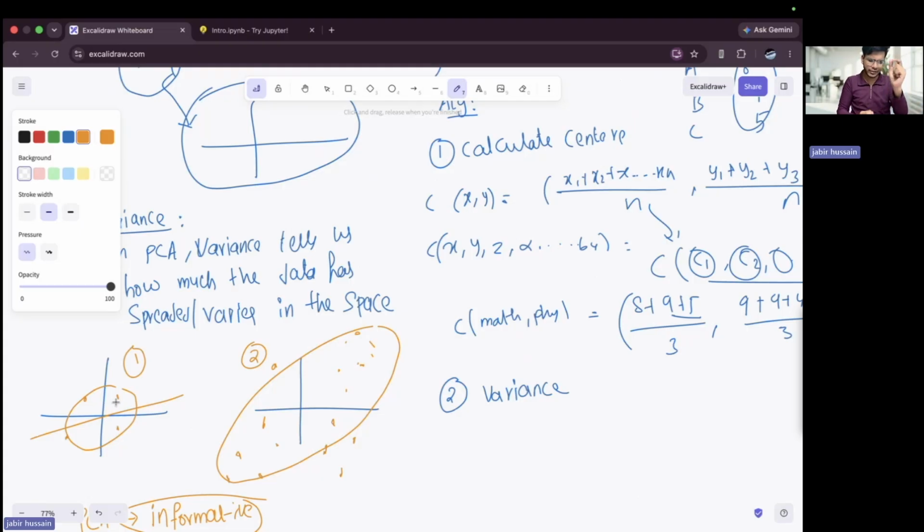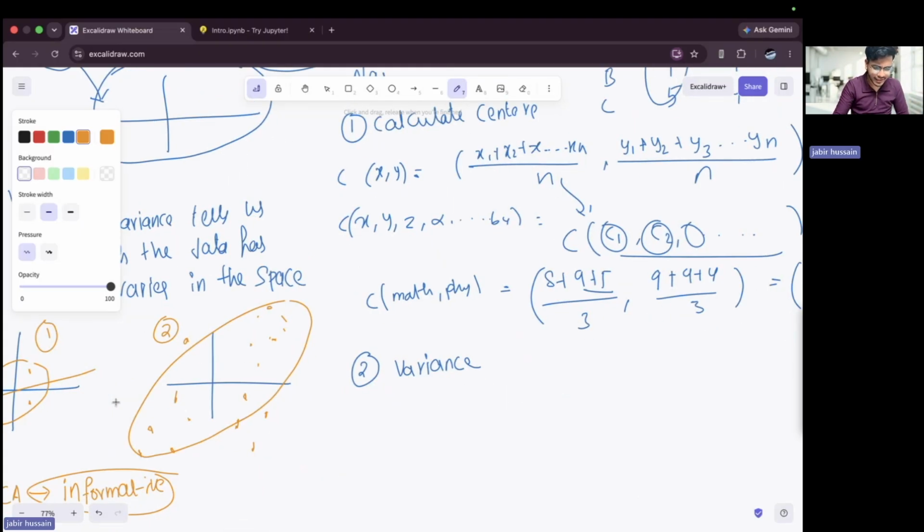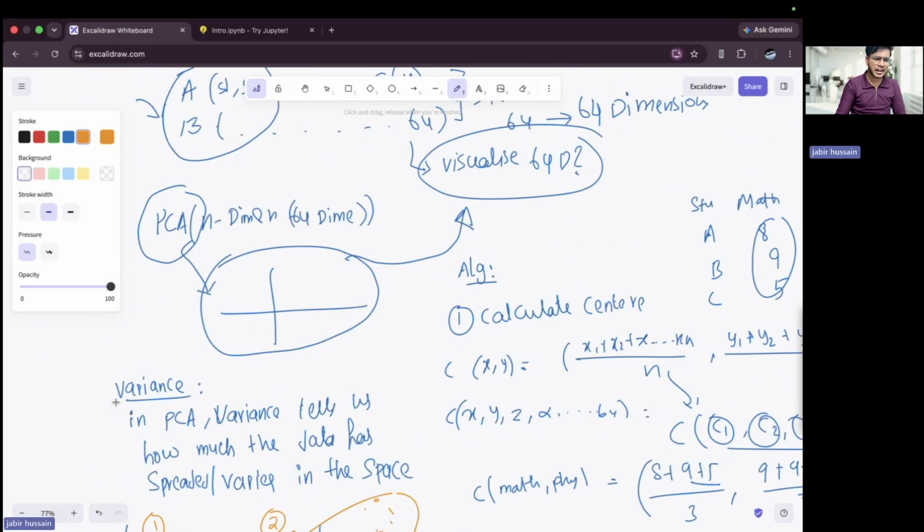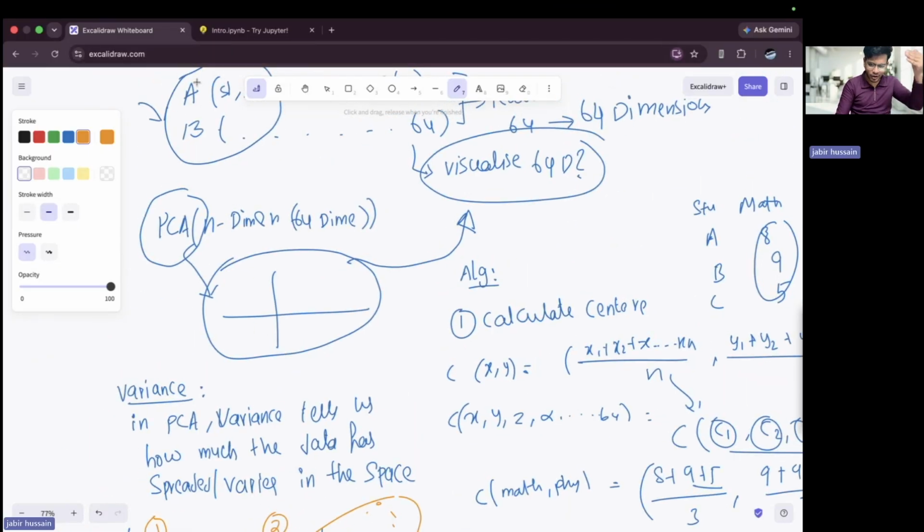Just imagine that all 100 students are having the same marks. What will it give you? It will give you a single point, right?